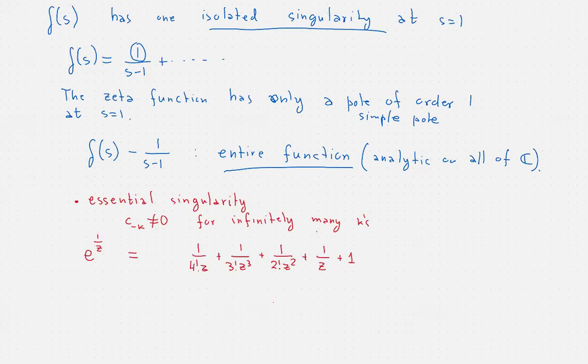You pretty much take the expansion of the exponential function and you replace z by 1 over z. It turns out that such functions are very strange around the singularity.